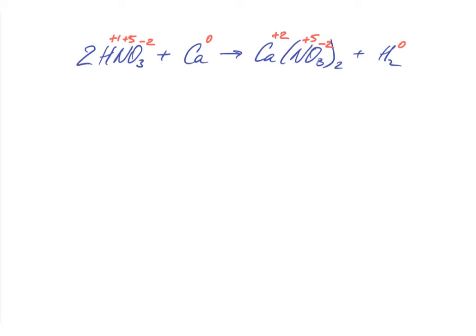Now, let's see. Oxidation state of calcium changed. It went up, it increased. It means that the calcium atom started to lose electrons. Okay, calcium turned itself into calcium ion. 2 electrons are lost, but they are not lost completely.